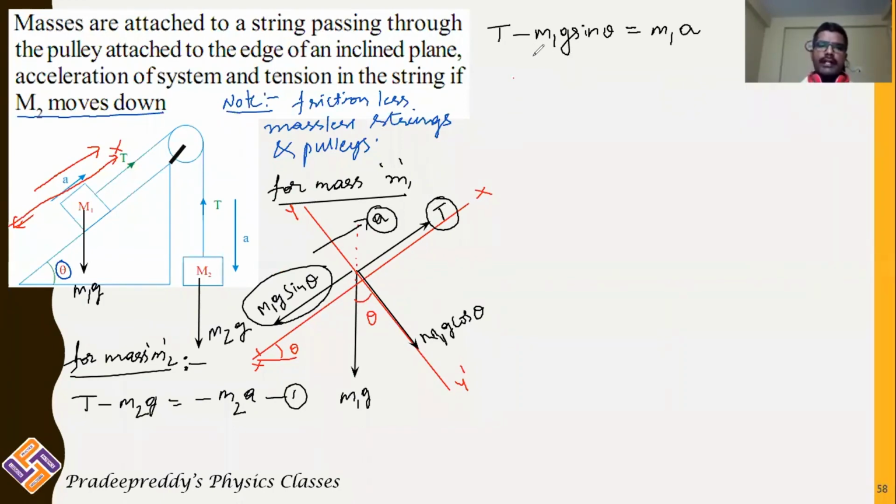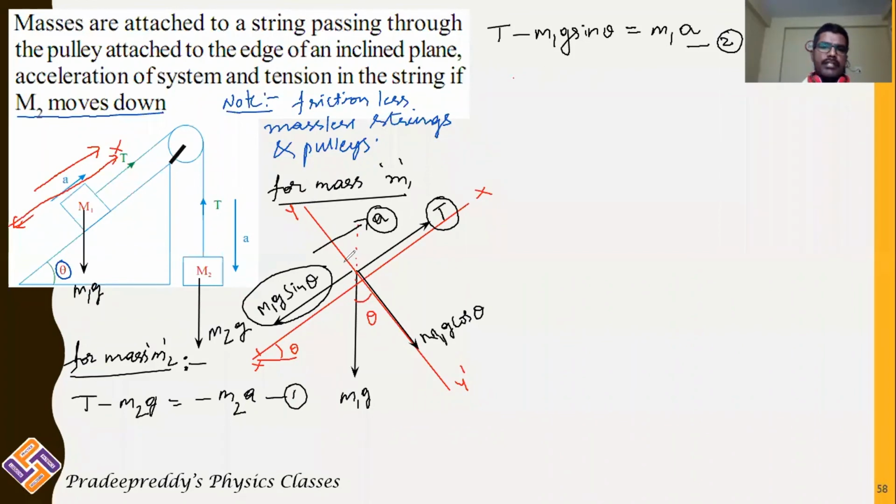This gives you equation number 2. Whenever you get an inclined plane, you should resolve the gravitational force into two components.